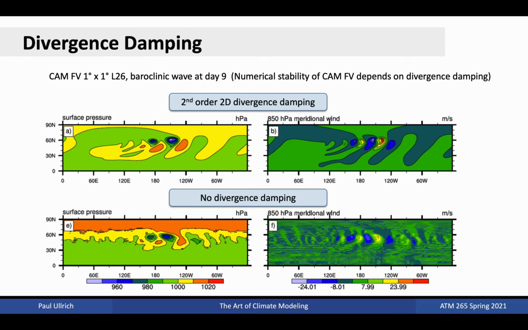The top plot shows the smooth solution produced with standard second-order 2D divergence damping enabled, while the bottom plot shows the noisy solution produced with no divergence damping enabled. The bottom solution exhibits clear artifacts of an insufficiently diffused numerical solution, with energy accumulation occurring at the finest scales.